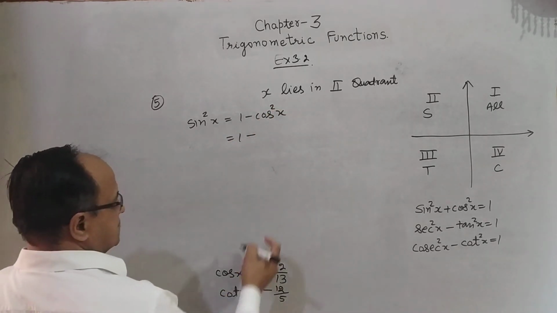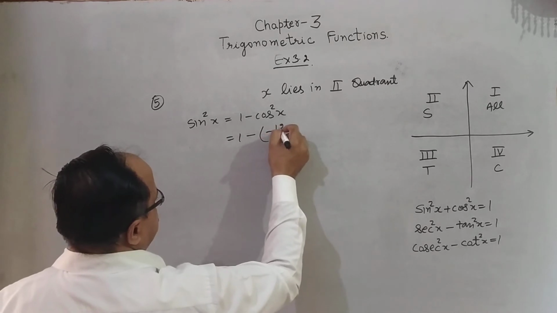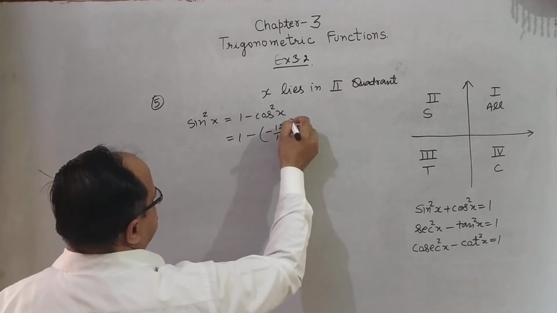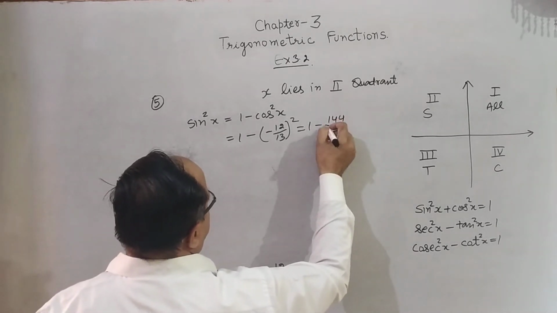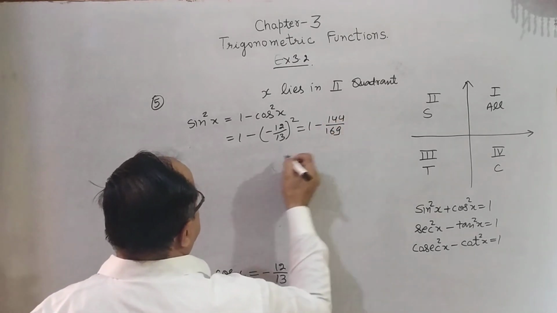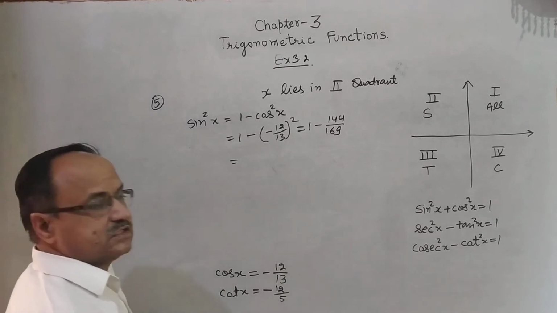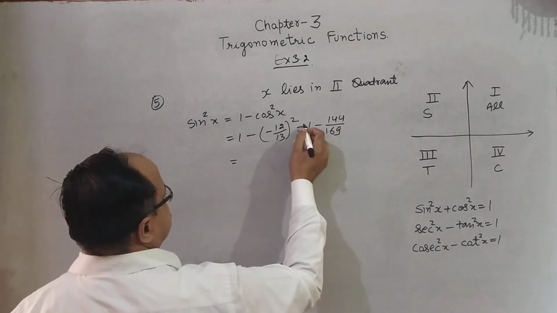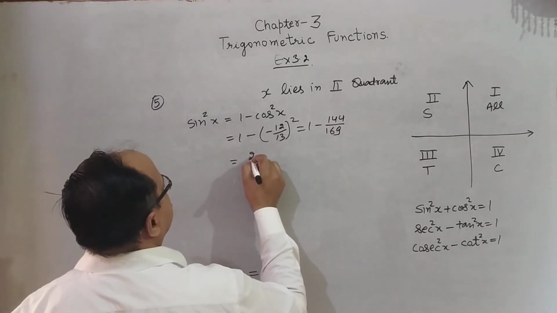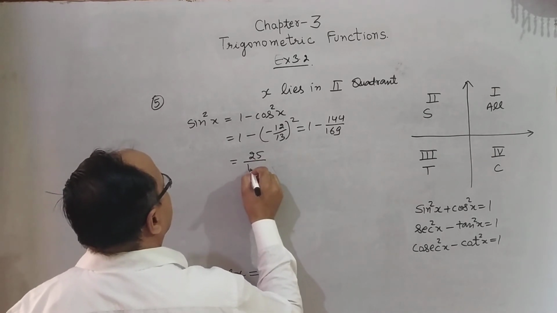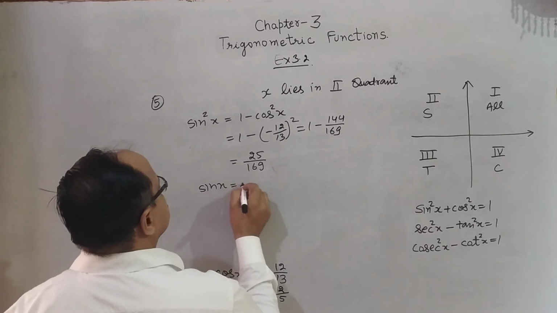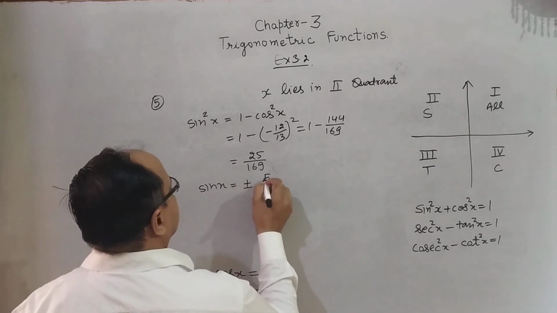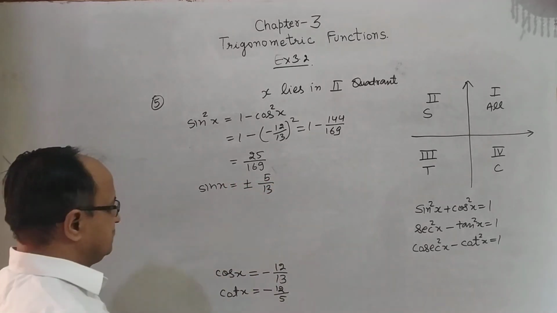Put the value of cos x, minus 12 by 13 whole square: 1 minus 144 by 169. When you simplify, 169 minus 144 is 25 by 169. Therefore, sin x is equal to plus minus 5 by 13.